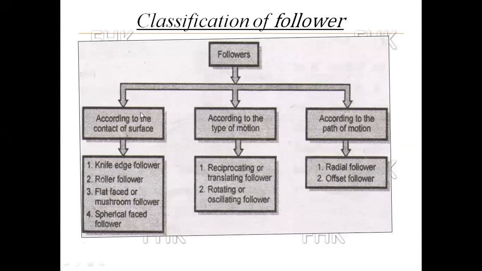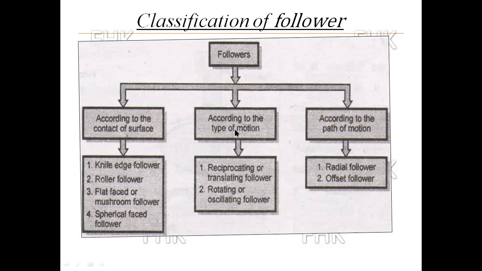The followers are broadly classified into three main categories. This is according to the contact of surface. Secondly, according to the type of motion of the follower. And third one, according to the path of motion. According to the surface contact between cam and follower, the follower is classified as knife edge follower, roller follower, flat faced or mushroom follower, and spherical faced follower.